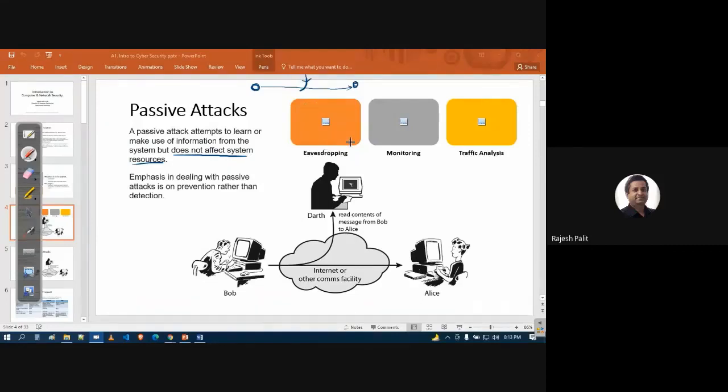Eavesdropping is when you collect something or monitor the system, such as whom you are communicating with, whether Australia, Singapore, the US, or Canada. By monitoring the traffic, you can extract information about a certain device or certain users, or do traffic analysis, seeing what type of traffic they are exchanging.